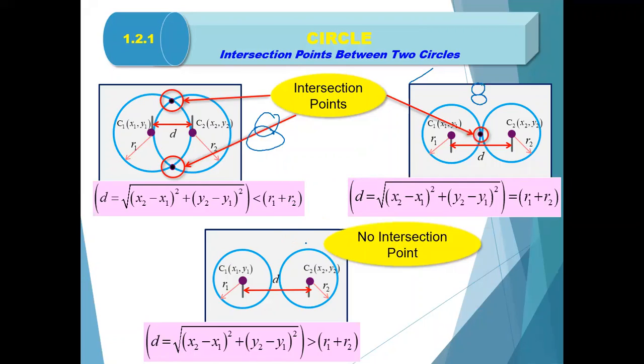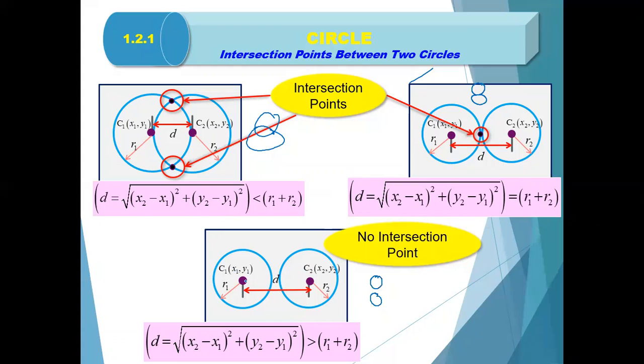The third is no intersection point. We have two circles, but the circles are far apart, or vertical like this. We have two circles, but there is no intersection point. How do we know? When the distance is greater than R1 plus R2. Because we measure the distance from the center of circle 1 to the center of circle 2.